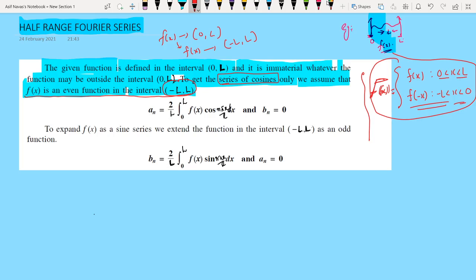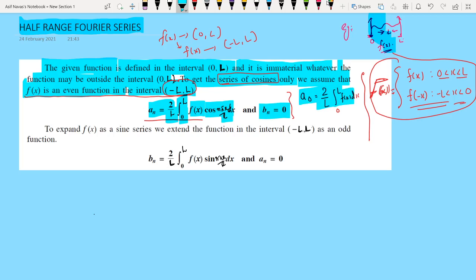Then we know that for an even function, a naught is 2 by L integral 0 to L f of x dx, and an is 2 by L integral 0 to L f of x cos n pi x by L dx, and we know that Bn is equal to 0.